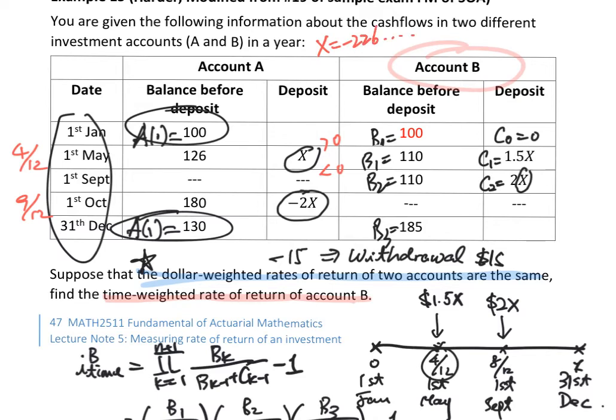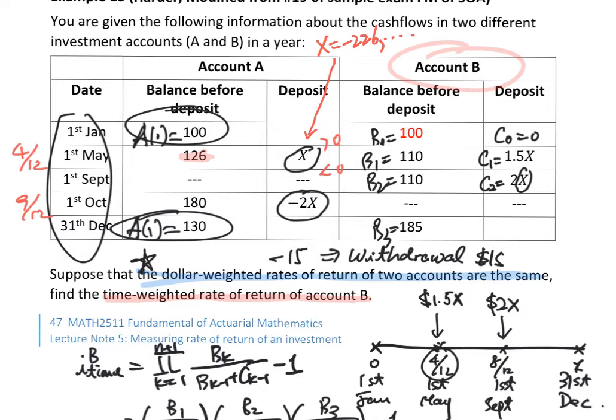Take a look at the first deposit in the account A. On the 1st of May, if your S equals minus 226, that means at that point you are withdrawing $226. But is it feasible? Definitely not, right? Because your account balance at that time is only 126. So how come you can withdraw $226 there?